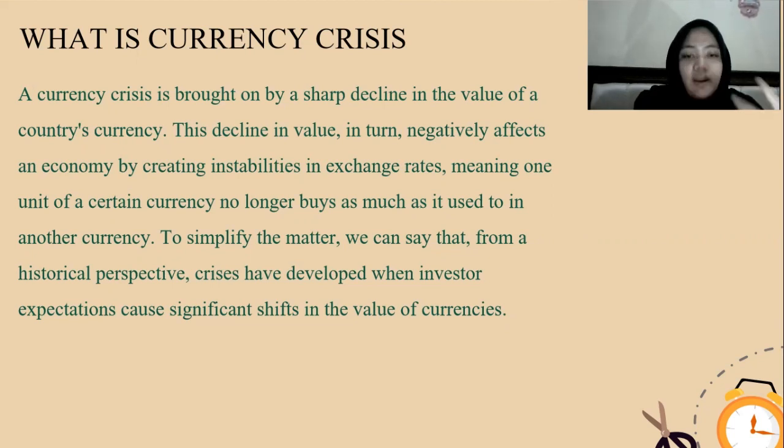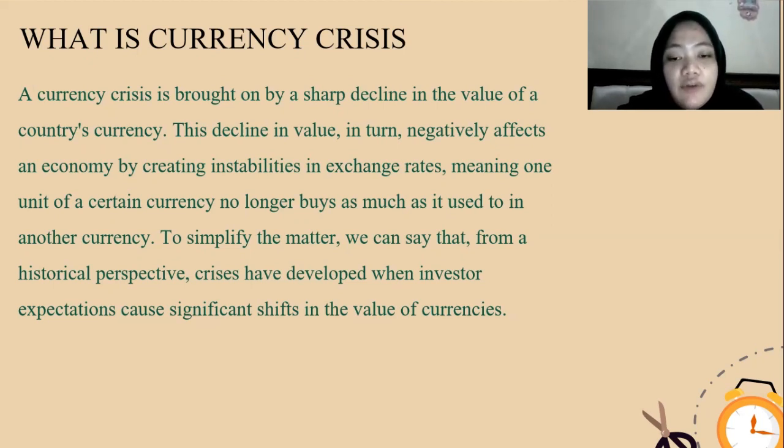To simplify the matter, we can say that from a historical perspective, crises have developed when investor expectations caused a significant shift in the value of currencies. We can conclude that currency crises involve the sudden and steep decline in the value of a nation's currency, which causes a negative ripple effect through the economy.